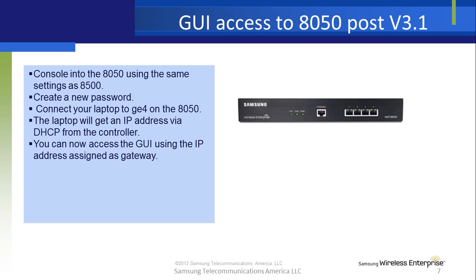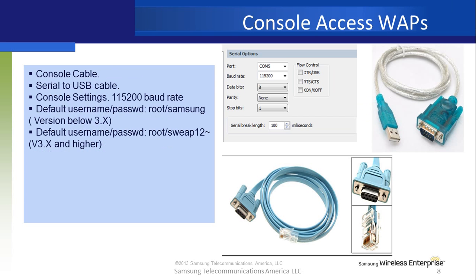So you can just access the GUI using that IP address. It's made very simple. You can skip the step of configuring the IP address on Gig 4 through the CLI. That's what they've done after 3.1. So if you have 3.1 code and higher, you don't have to follow the procedure in the previous slide.